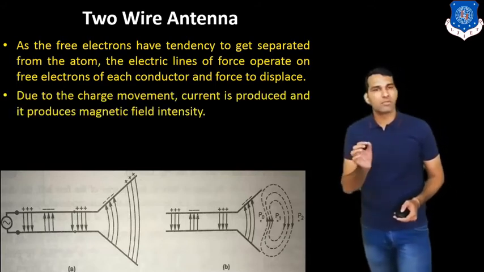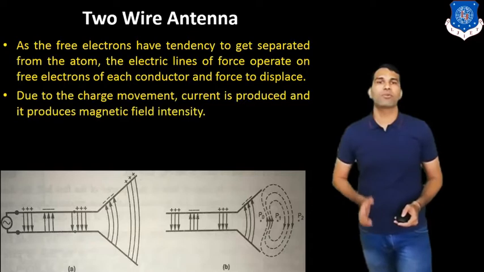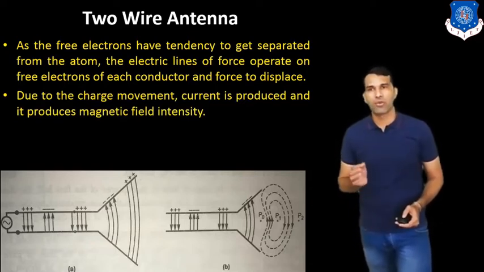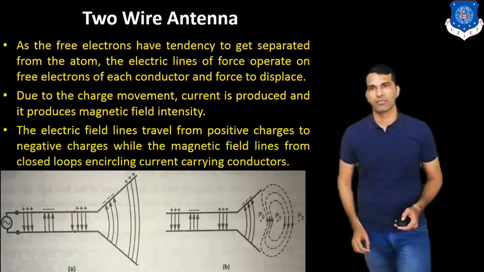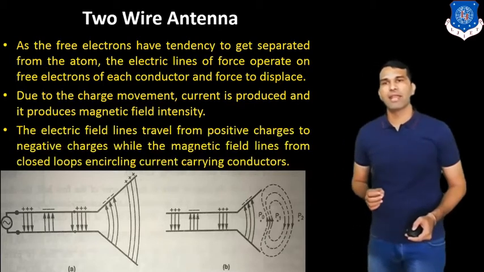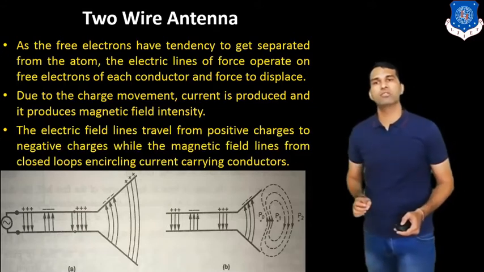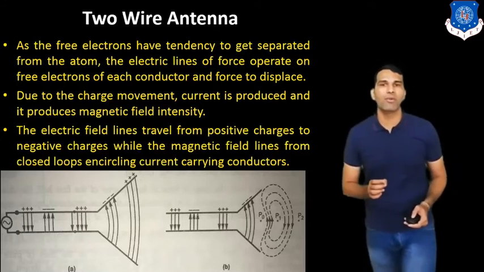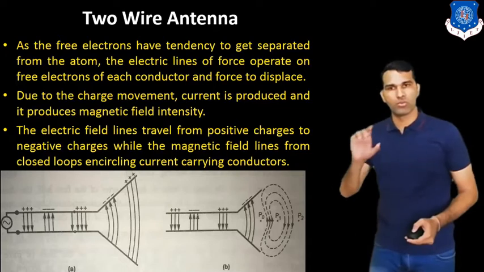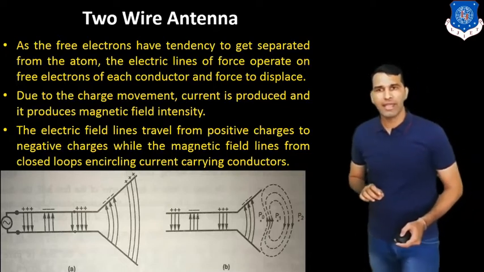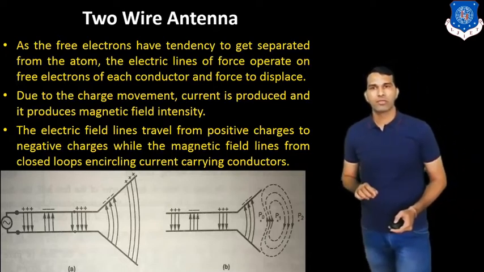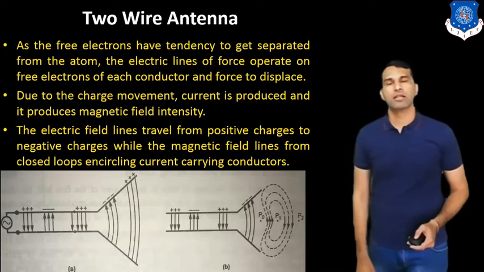Due to the charge movement, current is produced and it produces magnetic field intensity. The electric field lines travel from positive charge to negative charge, while the magnetic field lines form closed loops encircling the current carrying conductor.